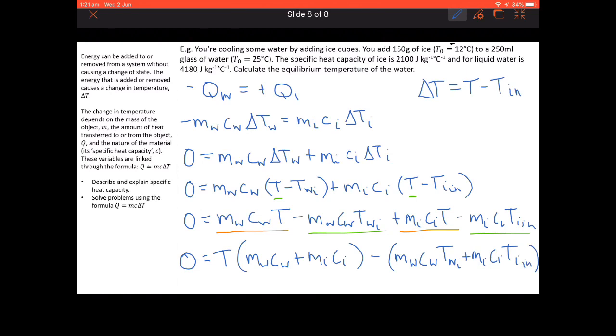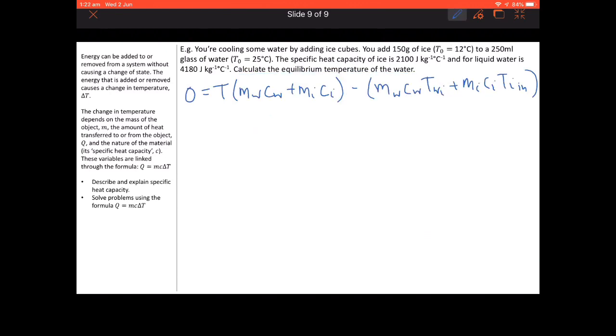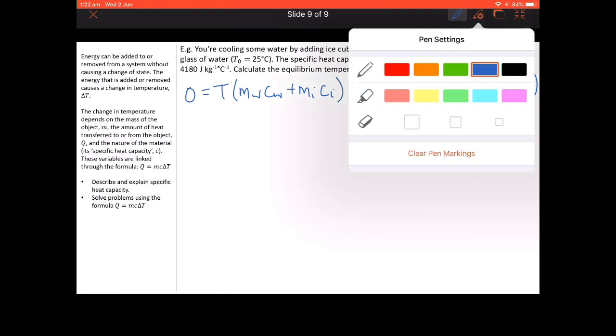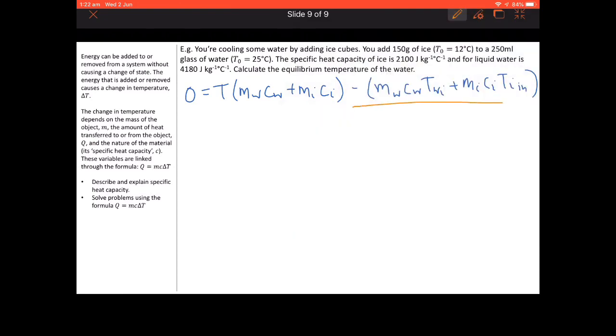I'm going to move on to another slide just to fill this out, because the writing's a bit big on the iPad, and then from there we'll be able to get to the equilibrium temperature of the water, which is what the question asks. So from here, if I want to get T by itself, I'll bring this term onto the other side of the equal sign, so I'm adding that whole thing to both sides, and then I'm going to divide by these brackets here.